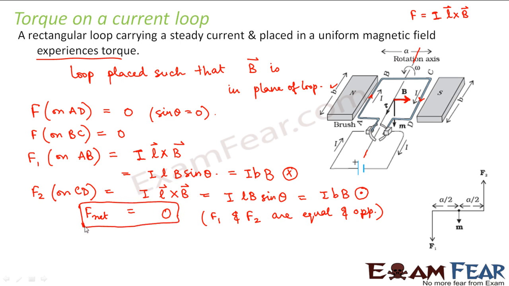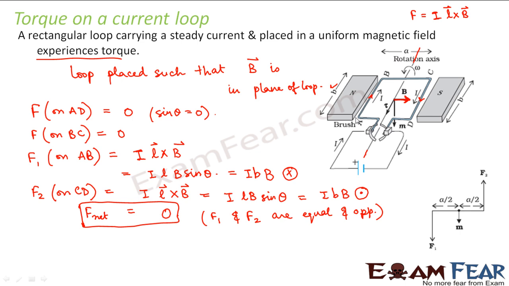But another interesting thing which we observe is that if you look at the arm AB, the force acts in the downward direction. If you look at the arm CD, the force F2 acts in the upward direction. And these two forces do not act along the same line. Let us suppose the object is rotating like this.